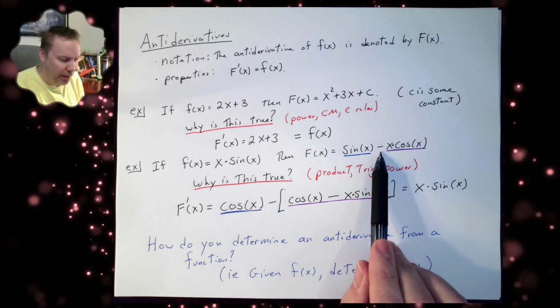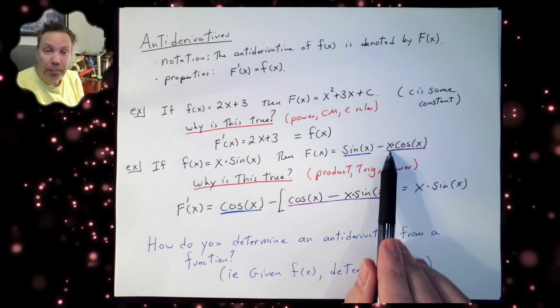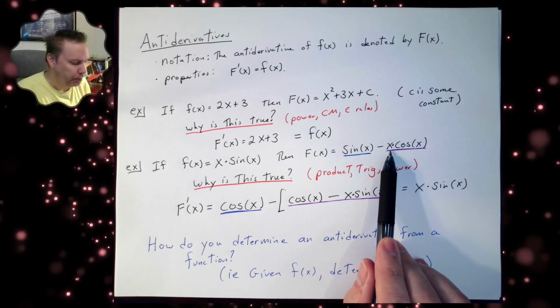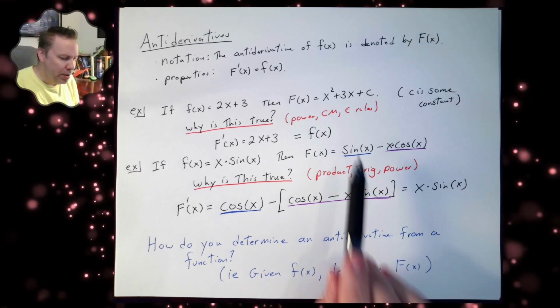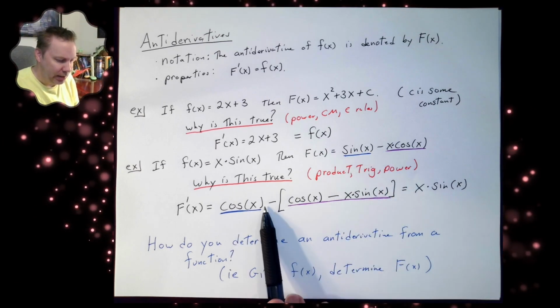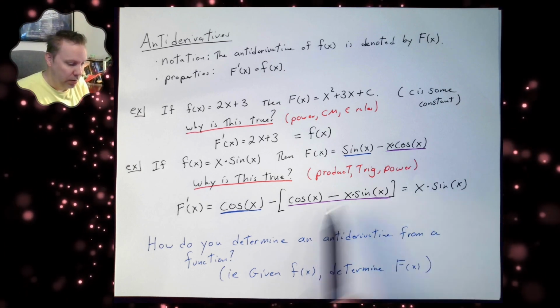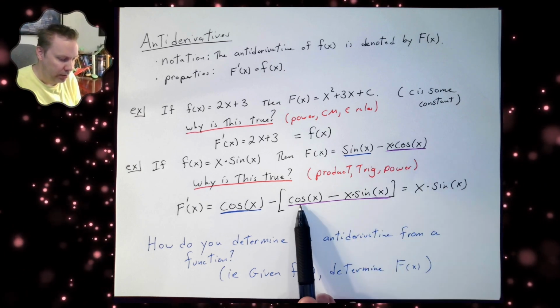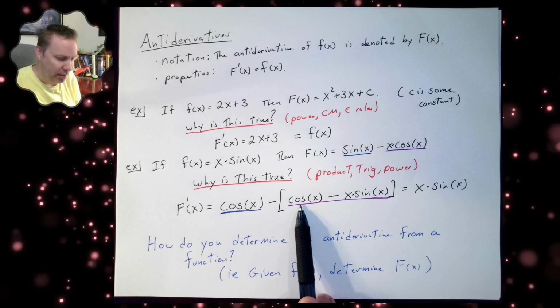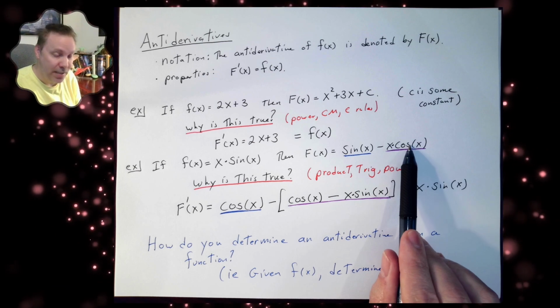If I took the derivative of this, I would need to use the product rule, trig rules, and a power rule, because I have an x sitting in there. So what is the derivative of sine of x? Well, that's cosine of x. Minus, well, what's the derivative of a product? Well, it's the derivative of the first times the second plus the first times the derivative of the second.